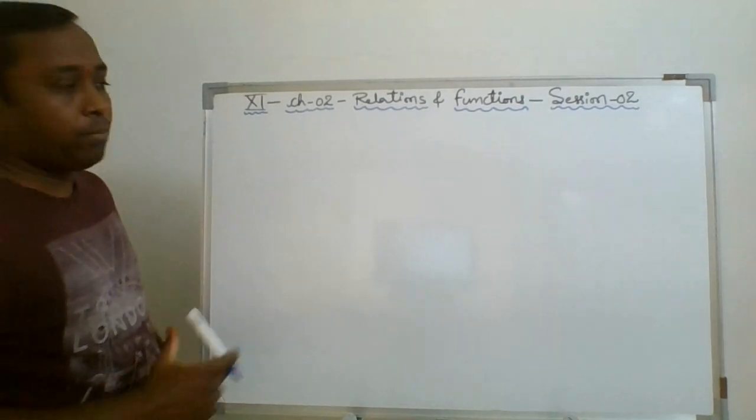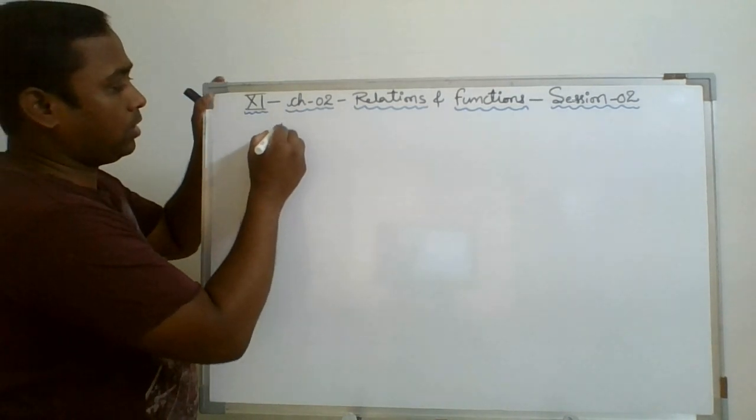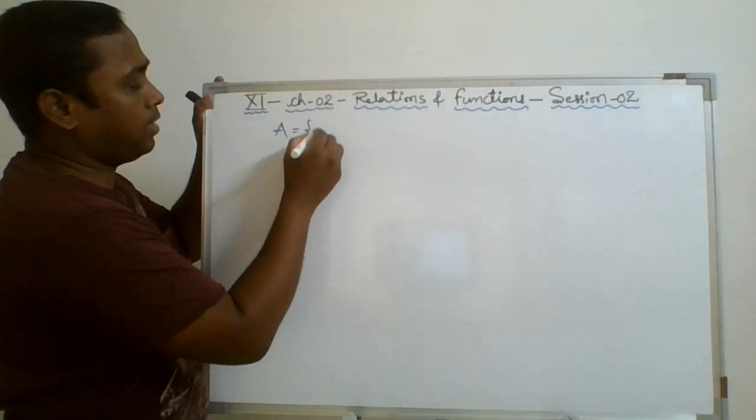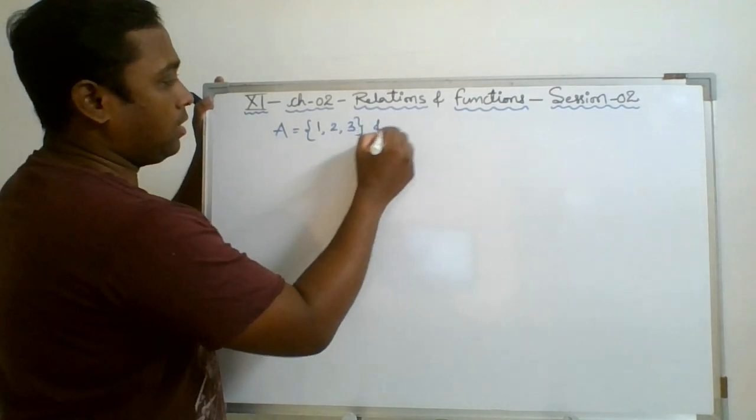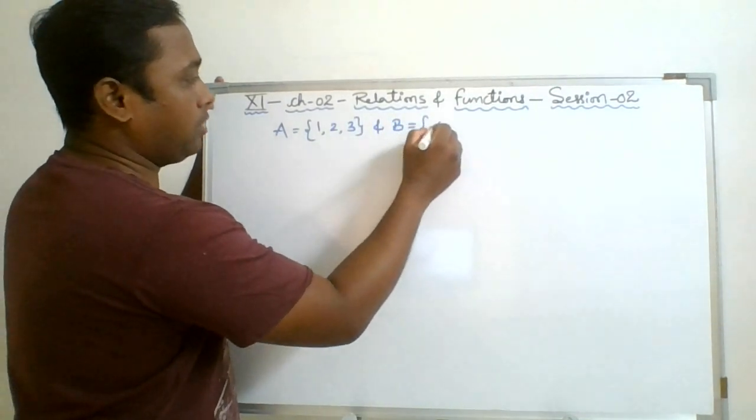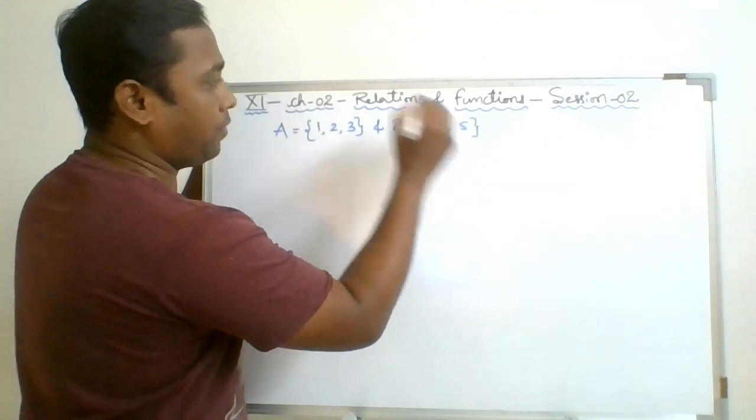I am taking an example of set A which has elements 1, 2, 3, and set B has elements 4, 5.